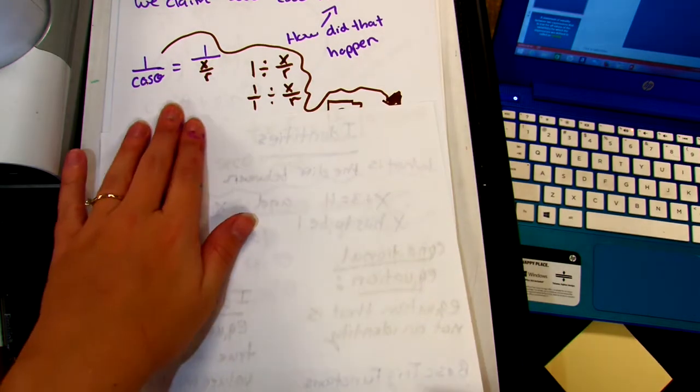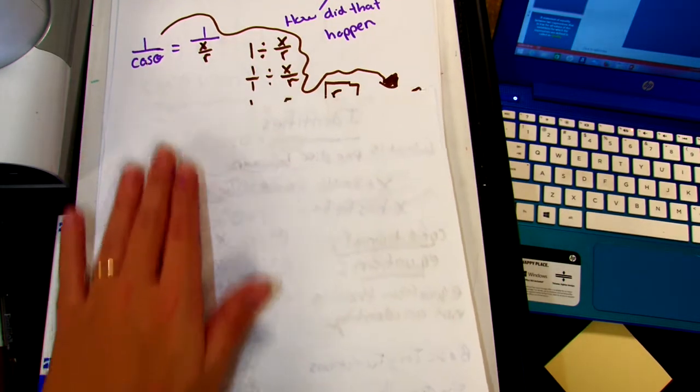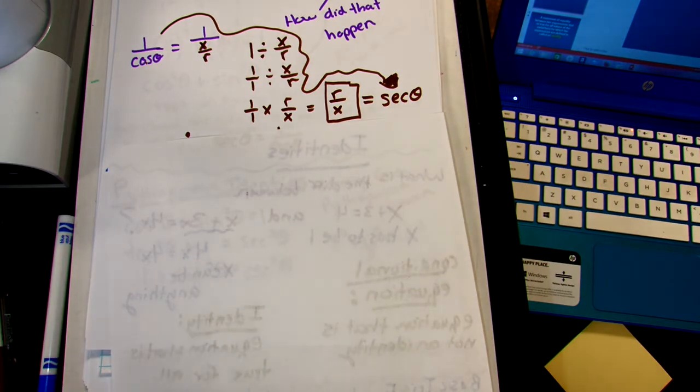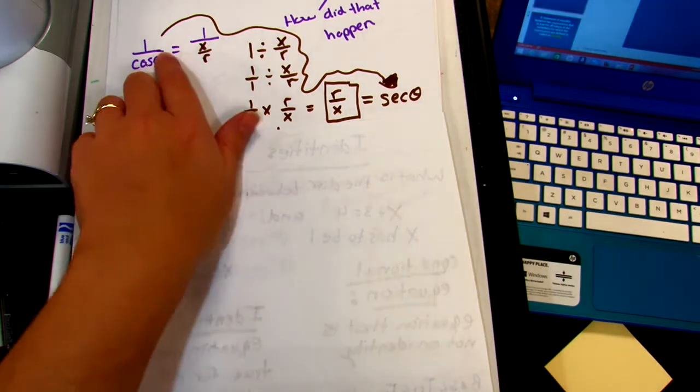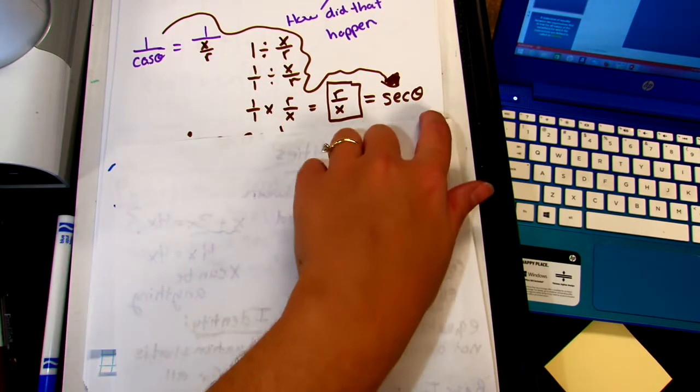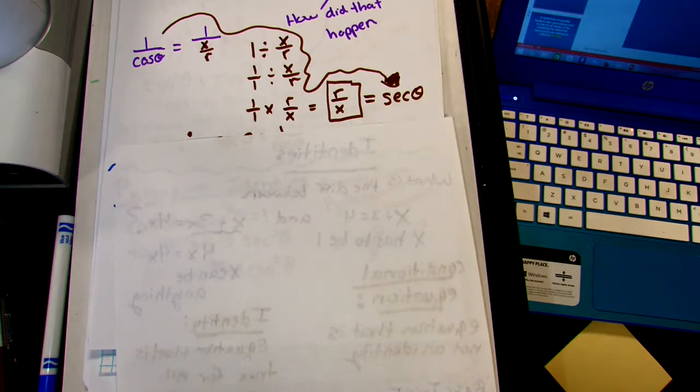I'm going to treat that as dividing fractions, and I get 1 over 1 times r over x. Remember, you keep, change, flip, or multiply by the reciprocal, and I get r over x. Well, r over x, that's the definition of secant. So we went all the way from 1 over cosine, the reciprocal of cosine, to secant just using the definitions.